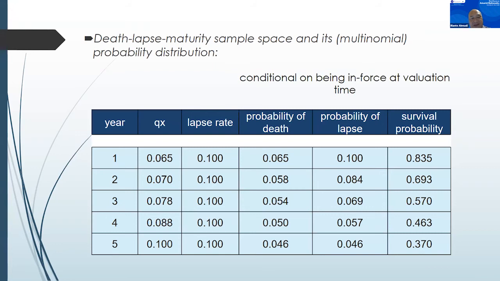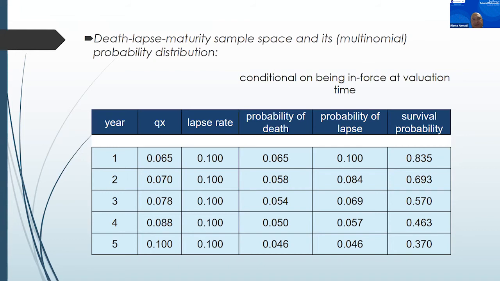Lapse in the fifth year means the policyholder wants to discontinue the policy sometime before the end of that fifth year. So if it's not happening, then the policy is going to be maturing at the end of the fifth year.